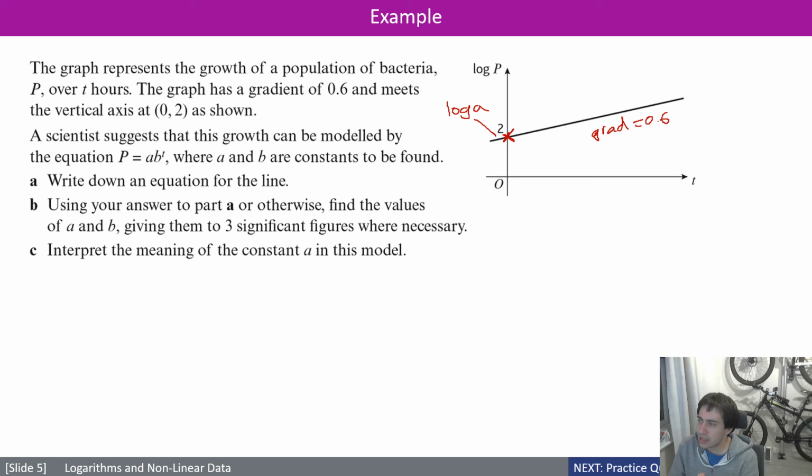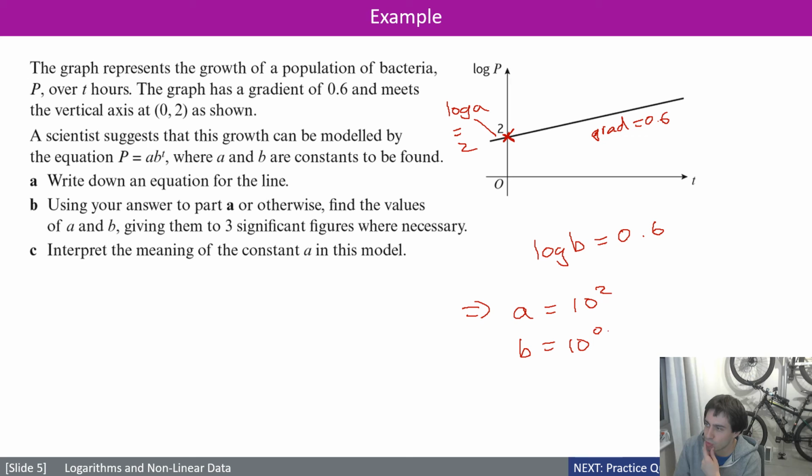The gradient in this particular model tells me what log b is. So log b equals 0.6. So we've got log a is 2, log b is 0.6. Therefore, we have a is 10 to the power of 2 and b is 10 to the power of 0.6. So a comes out nicely as 100 and 10 to the 0.6 is approximately 3.981.